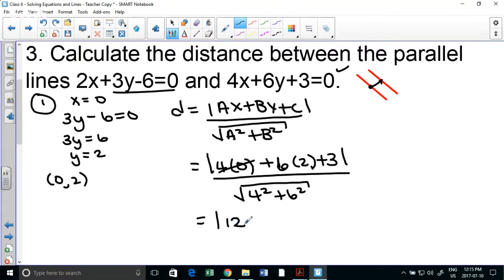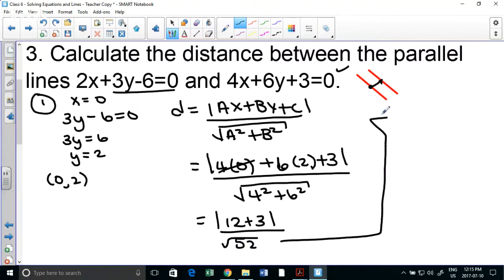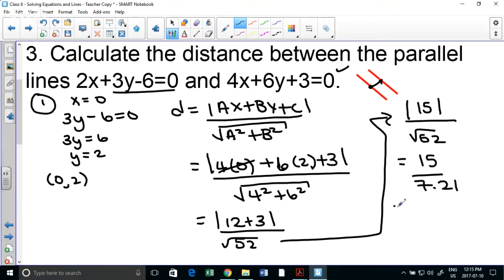So I get 12 plus 3 all over 4 squared plus 6 squared, which gives me 52 square rooted. If I put the 12 and the 3 together, that gives me 15 over the square root of 52. 15 is positive, so it doesn't really matter. If I get the square root of 52, I get 7.21. And I divide, I get 2.08 units.